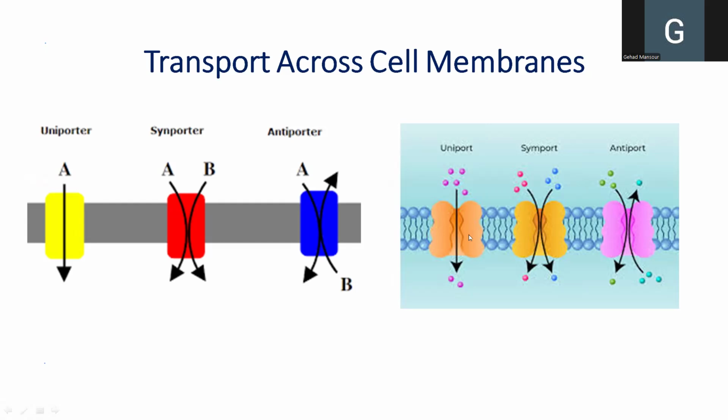And since they stretch across the whole thickness of the cell membrane, then we call them integral proteins. And why specifically proteins are used as carriers and as channels?